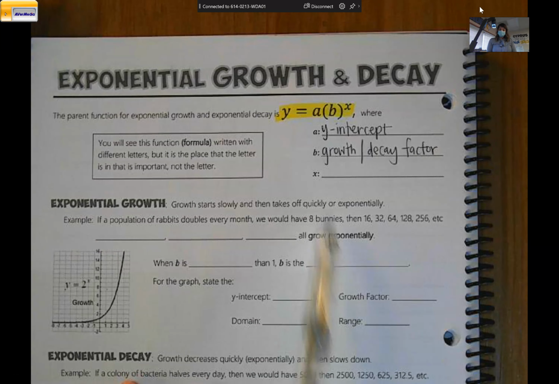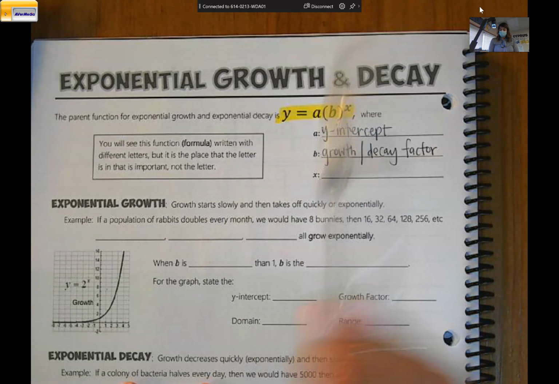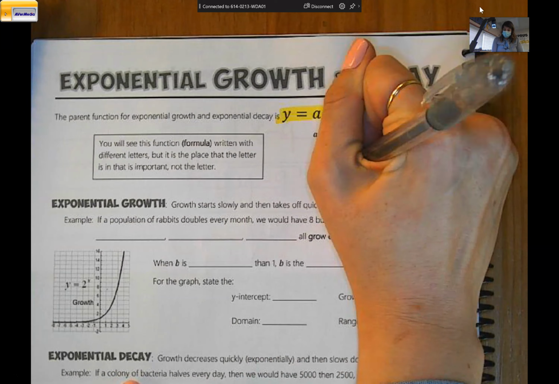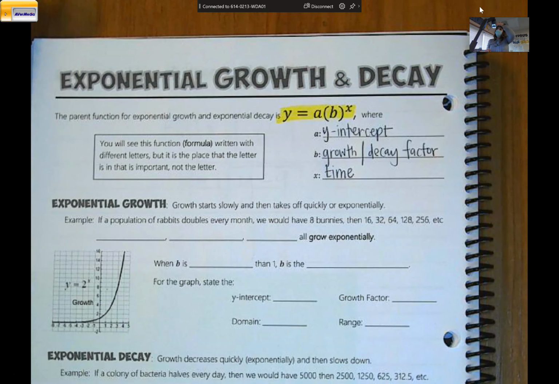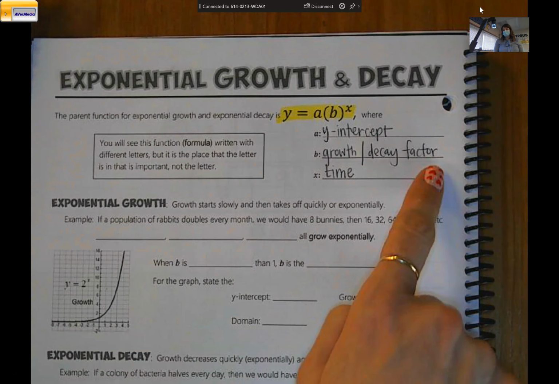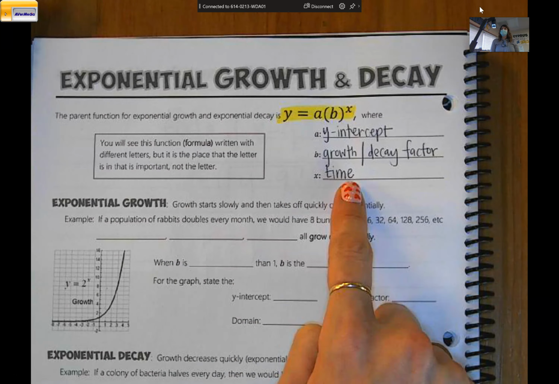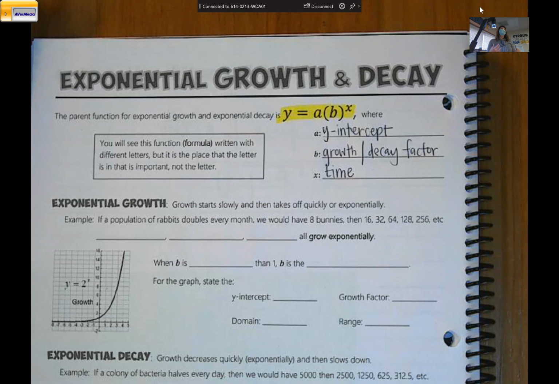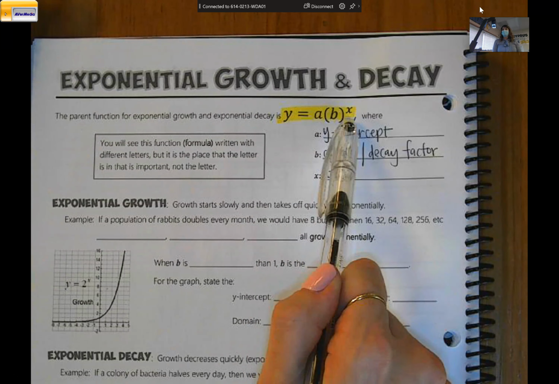And then lastly, whatever is in the x position is always time. So when we're looking at basic functions, we're not paying so much attention to growth and decay factor and time. But as soon as we get into the real world problems, these positions will matter a lot more.